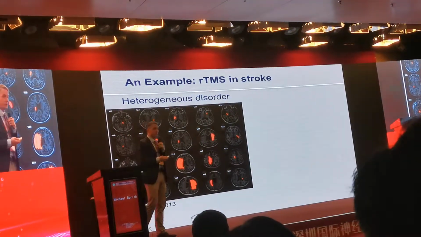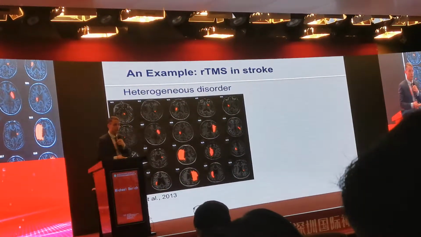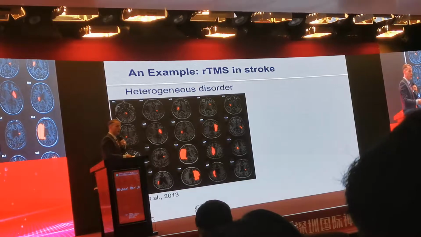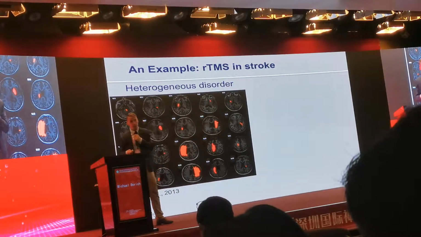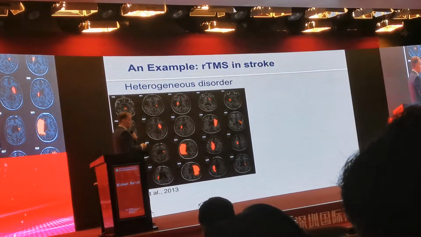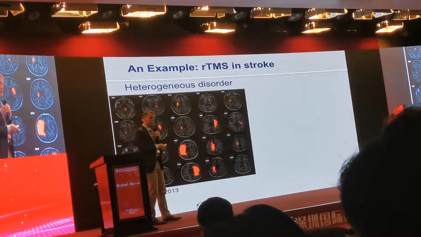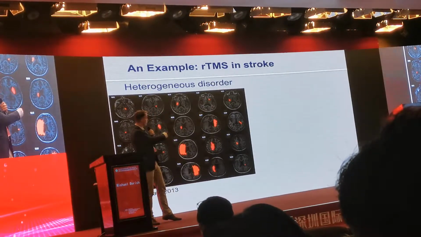So rTMS and stroke: why do we see relatively equivocal effects in using rTMS? We saw very impressive evidence of rTMS effects in psychiatric disorders to change mood and other aspects of cognition. But in stroke, we don't seem to see the same effects in the ability to change movement. This is some work that we did before.